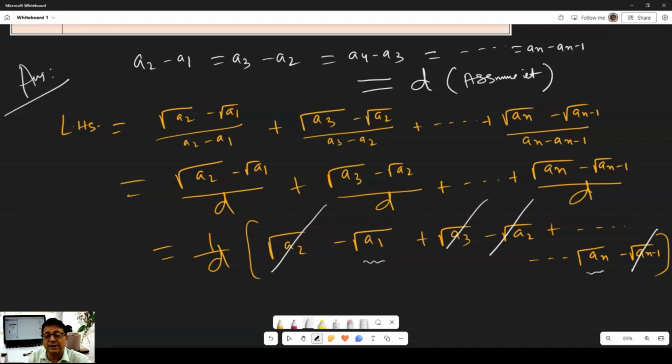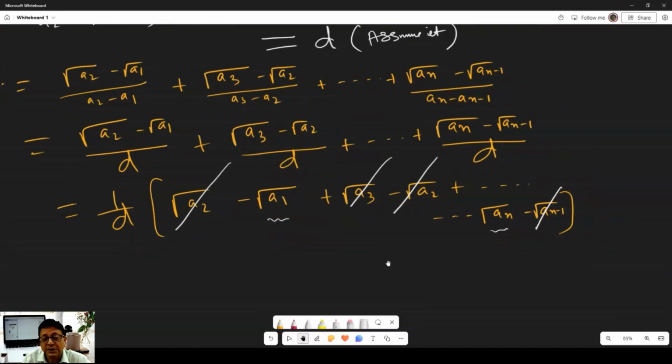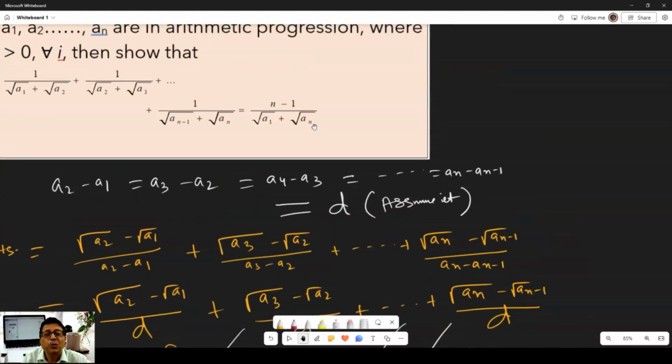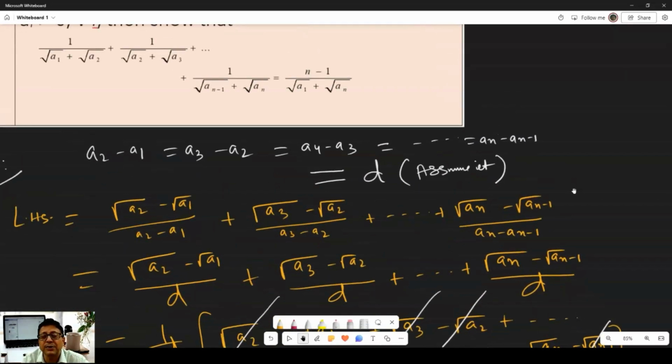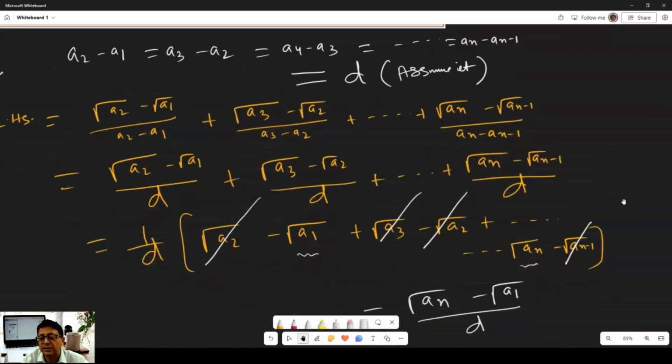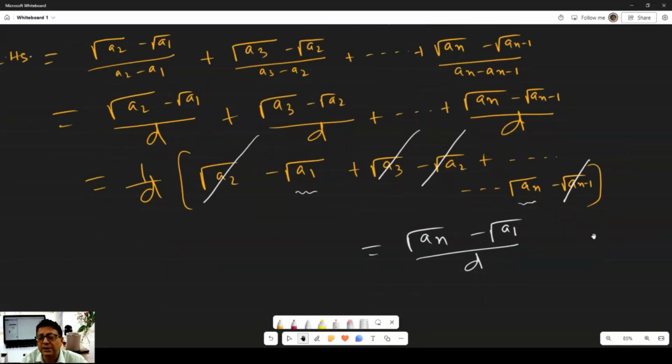All terms get cancelled. So what is left over there? That is going to be root An minus root A1 by D, isn't it? One thing, how many terms are there? Check once. We have taken A1, A2, up to An minus 1, so sorry, there will be n minus 1 terms, not n terms.